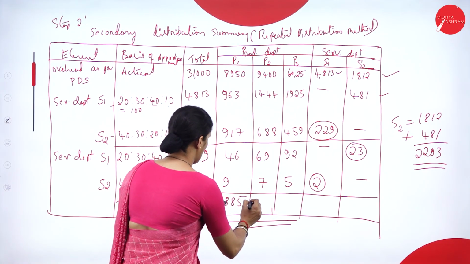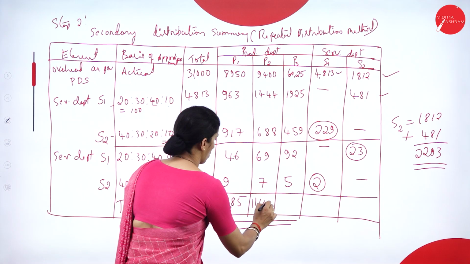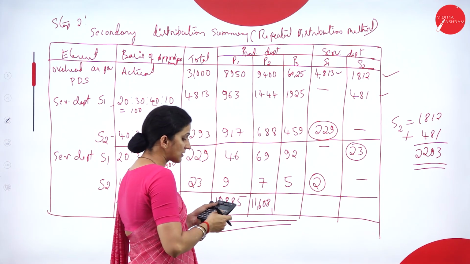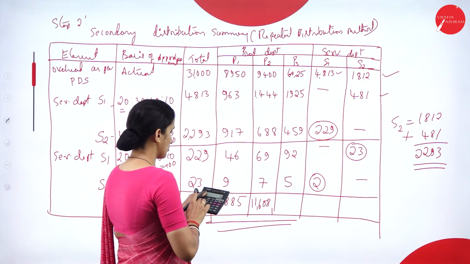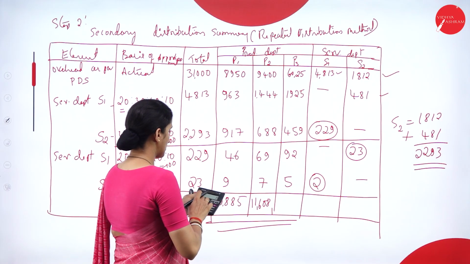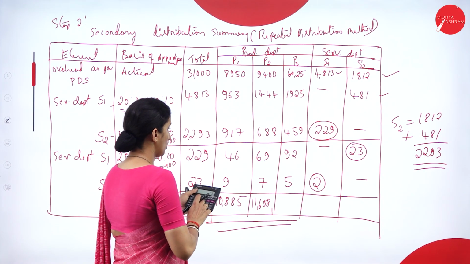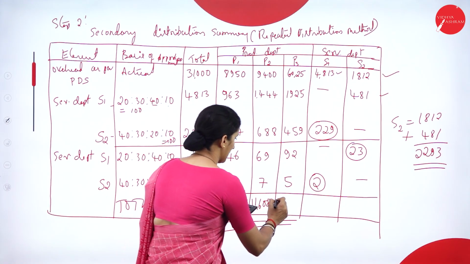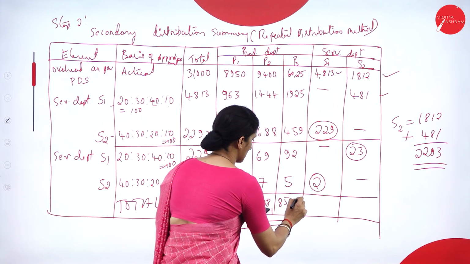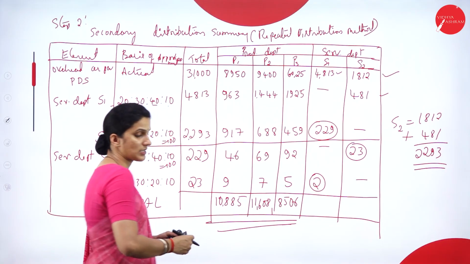We have 11,608. And for department P3 it is 6,025 plus 1,925, then 459, then 92, then 5. We have 8,506. So these are the overheads that we need.